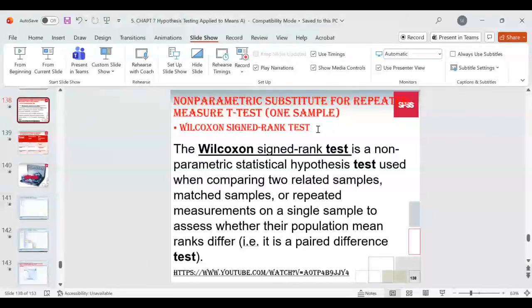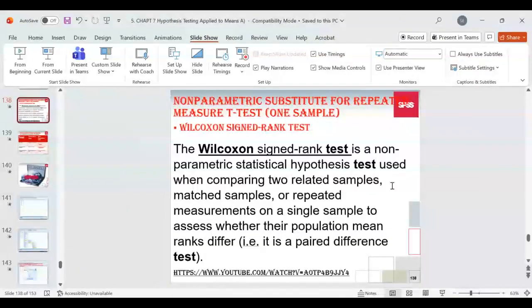So with that in mind, we had only 9. Let's say you were in some place, like some hospital somewhere, or a small classroom, doctoral classes, and you want to do some kind of testing, but you have only 9 participants. Can you use this test? No. But you need to know what the substitute for this repeated measure design t-test is.